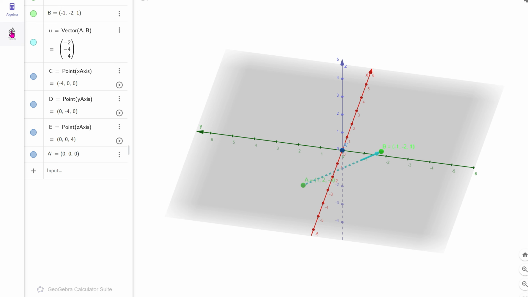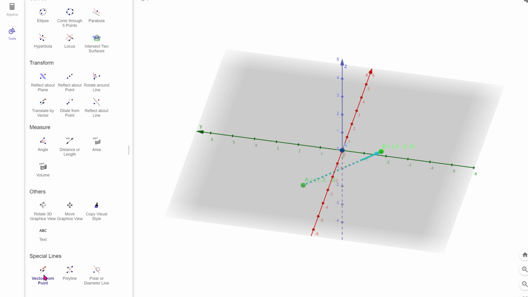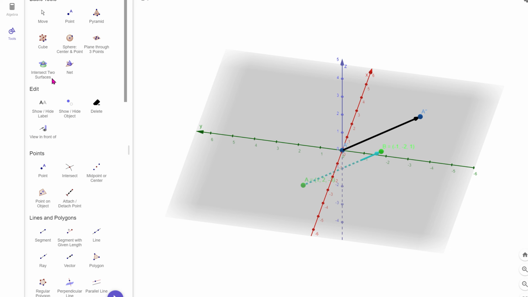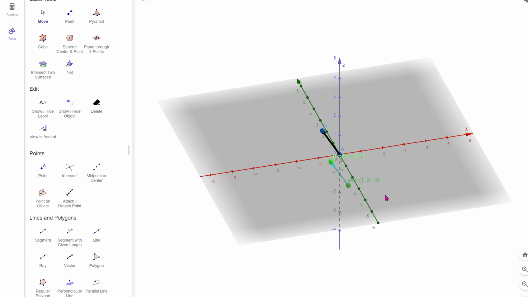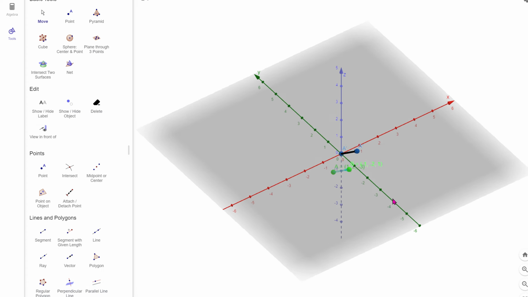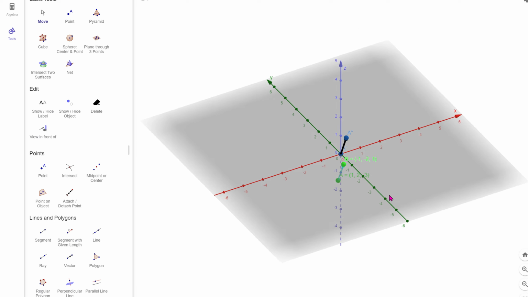To shift the vector, I'll select the starting point of the vector here, and this vector needs to be shifted. Now you see I shifted the vector to the origin. Now if you see both the vectors, they are parallel vectors.